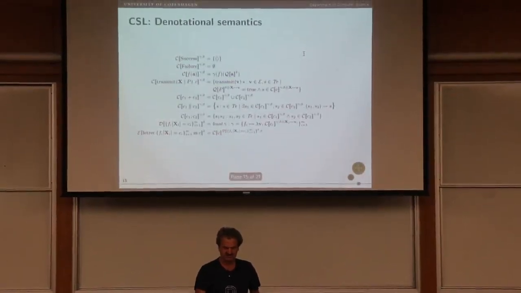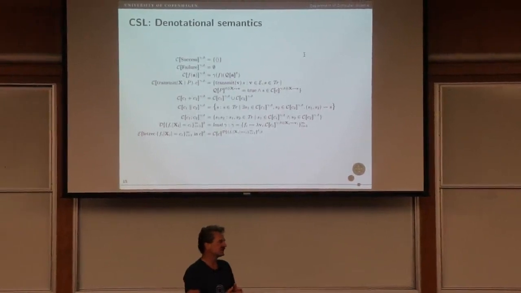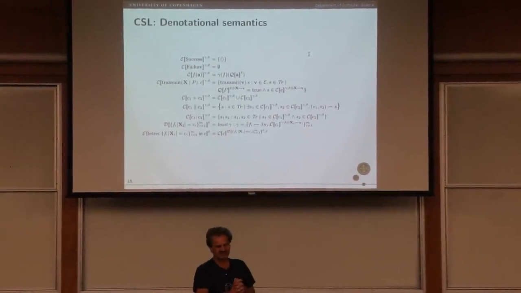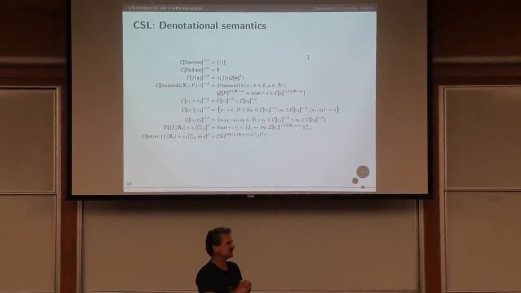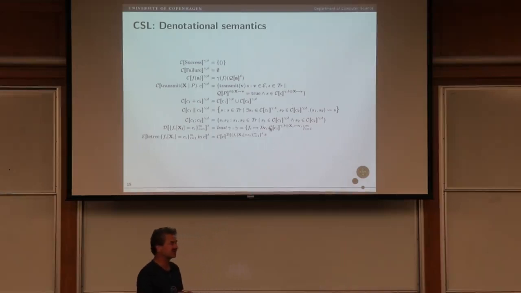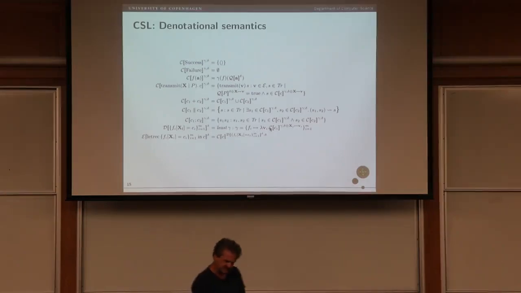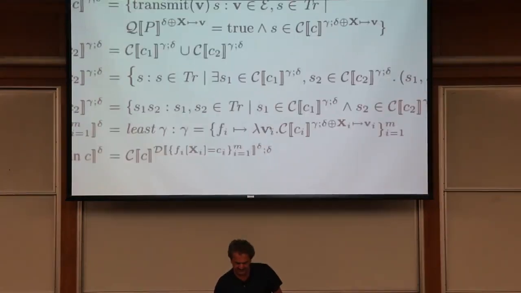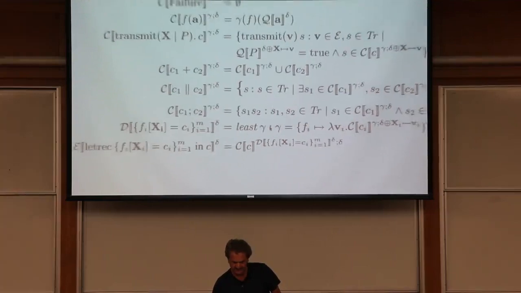Okay, so denotational semantics now is one that says, well, let's define the sets of sequences of events by induction on the syntactic structure of contract specifications, okay? Not surprisingly, because there are recursively defined contracts in there, we'll find there's a least fixed point operator.